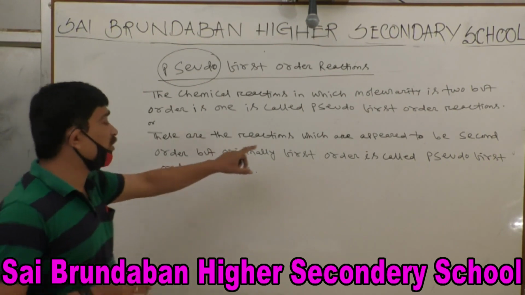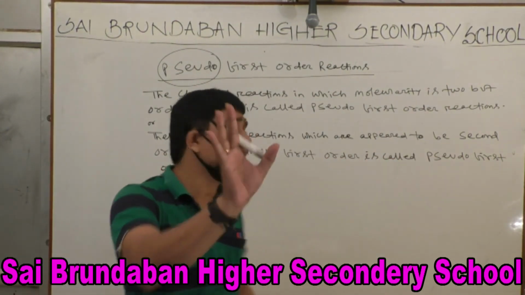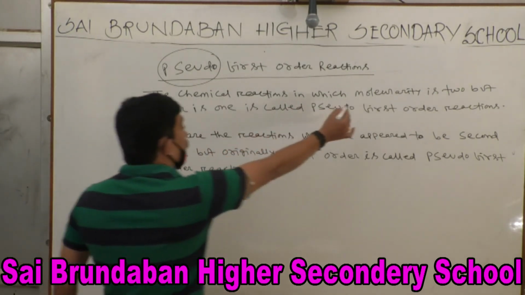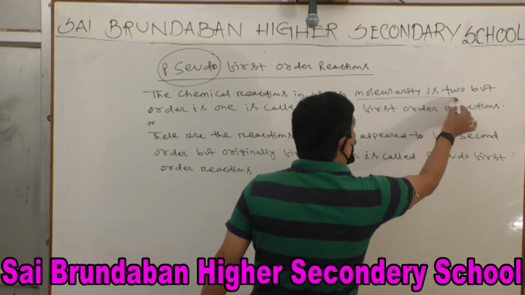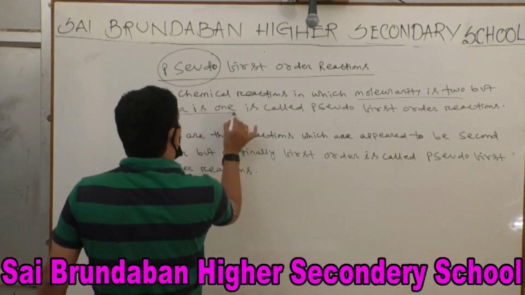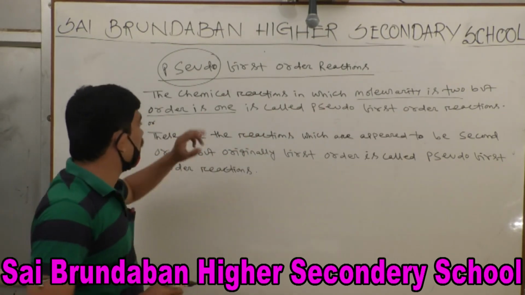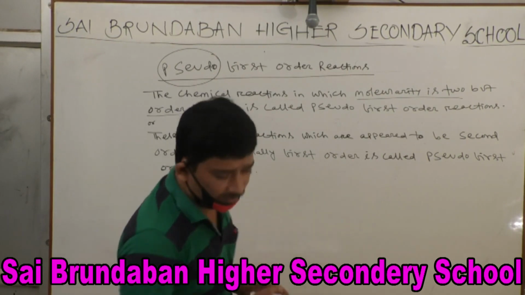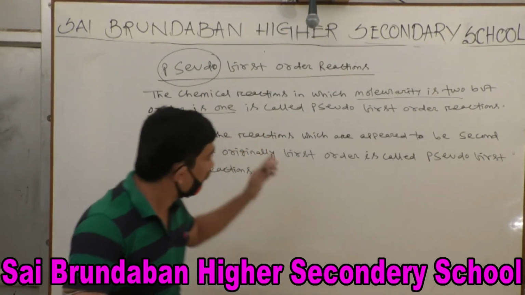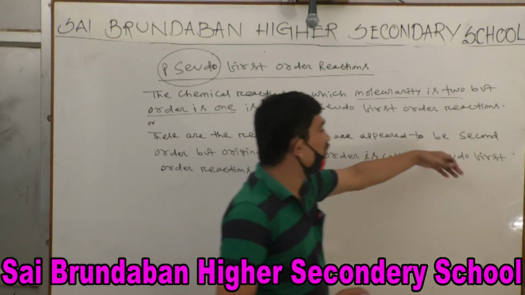So these are the reactions which appear to be second order but are originally first order. Look at the first definition and second definition. First definition: the chemical reaction in which molecularity is 2 but order is 1 is called a pseudo first order reaction. Second: these are the reactions which appear to be second order but are originally first order, called pseudo first order reactions.